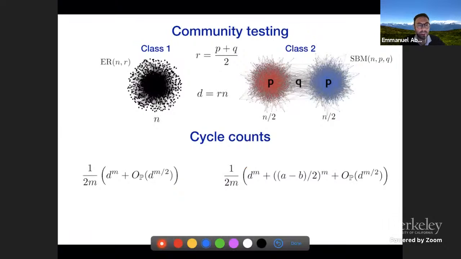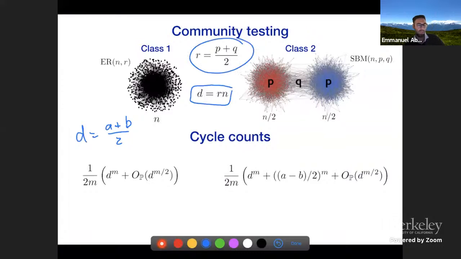Now, how do you solve this? This total variation bound gets positive in this regime, but how do you solve this with some test, with some algorithm? One thing you can do is simply count cycles, just the moments. In the Erdős–Rényi model, when d is my average degree, d is going to be R times n, and remember that it has to be (a plus b) by 2, because of this balance equation.